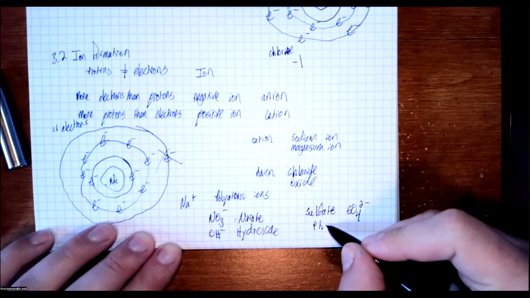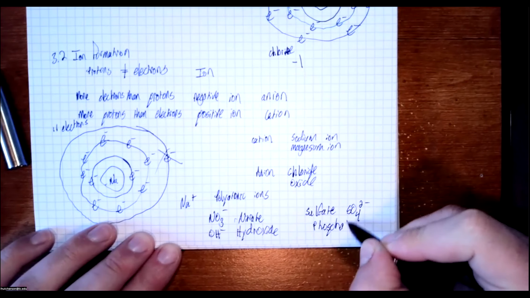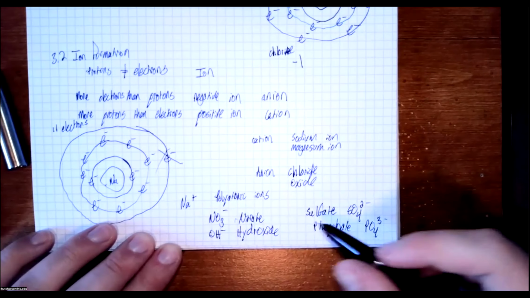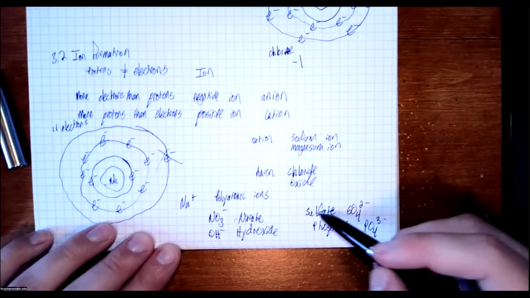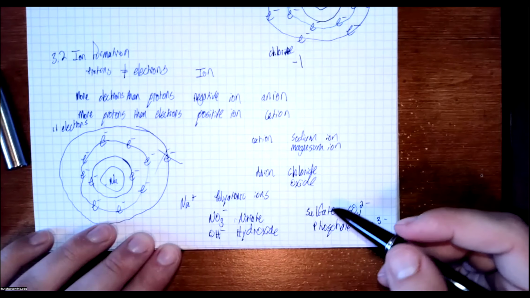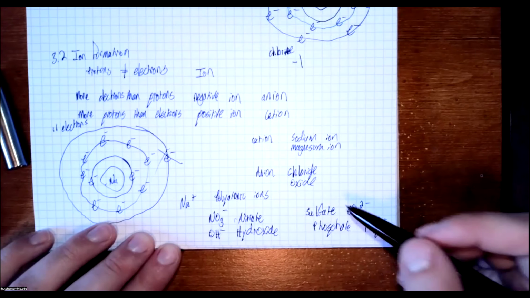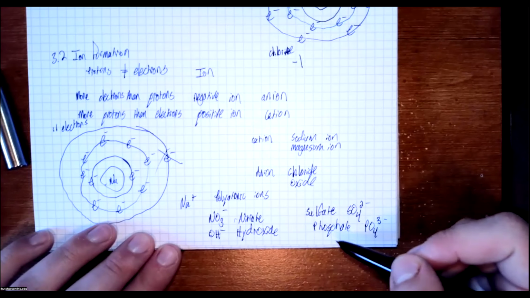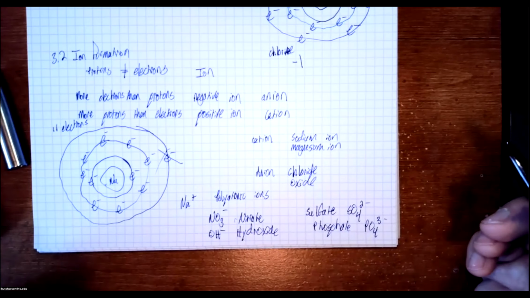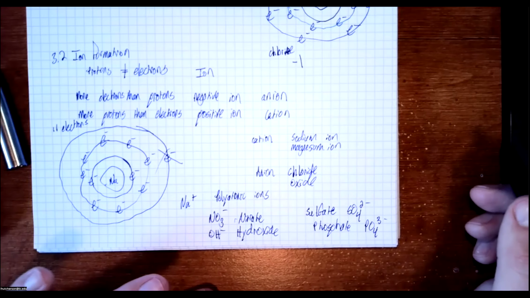Then phosphate is PO4 3-. By the way, don't confuse sulfate with sulfide. Sulfide is a sulfur ion, which is going to be S2-. Don't confuse phosphate with phosphide. Phosphide is a phosphorus ion, P3-.